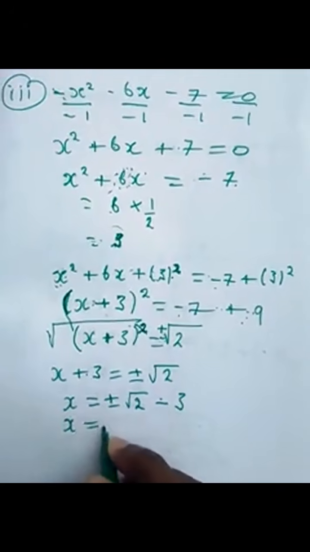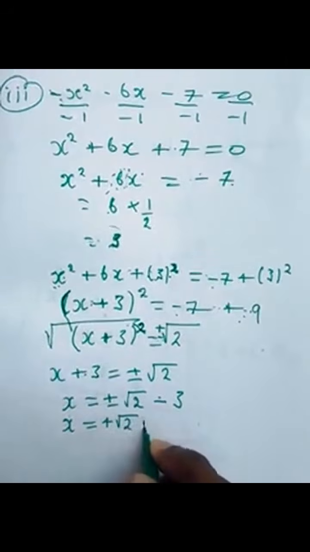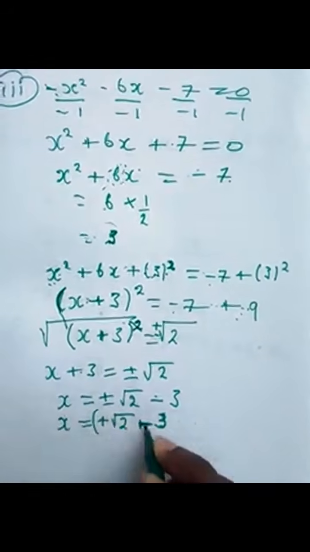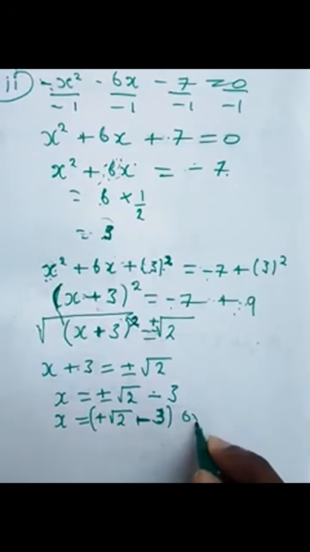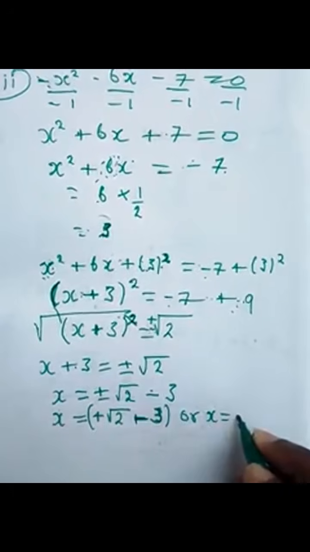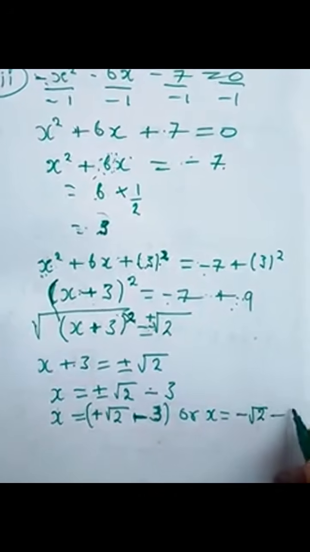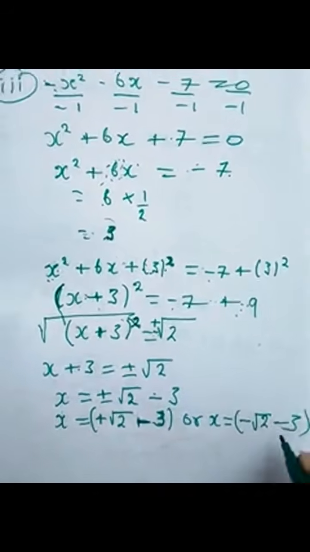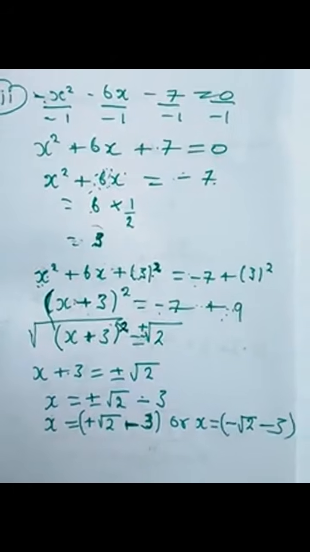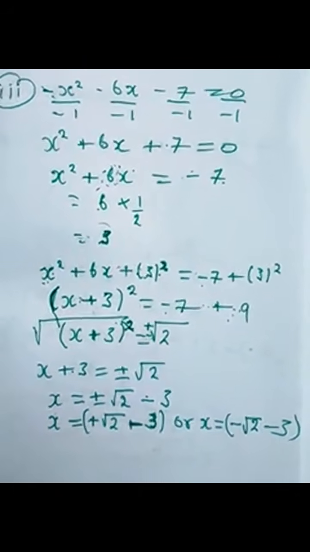So x can either be this or x is equal to the other. So these are the possible values of x.